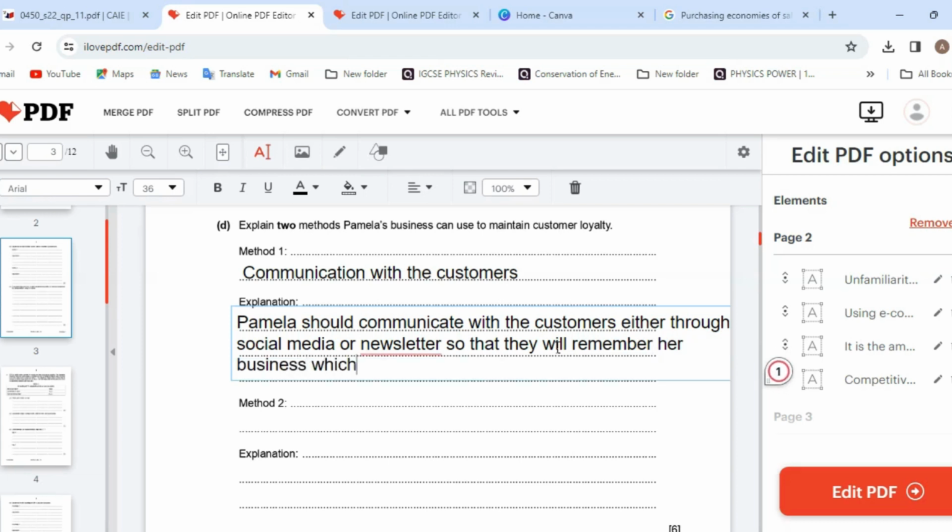Which is what? What is our business? Candy, we have sweets, we have toys. I say, let's put the candy, sweet, and let's stop.